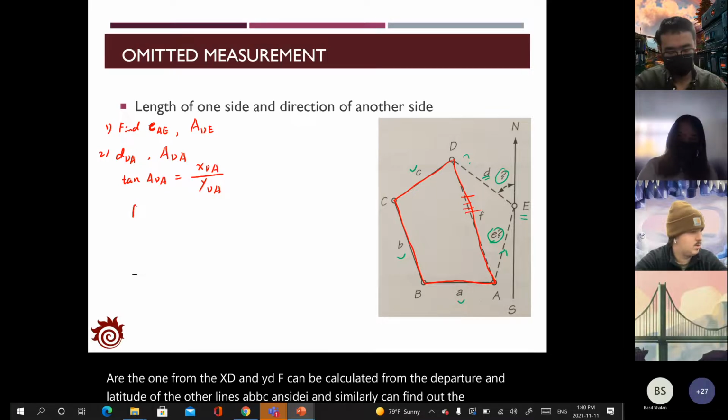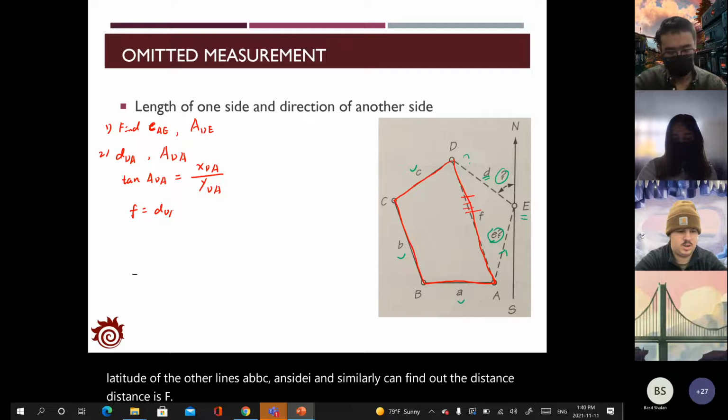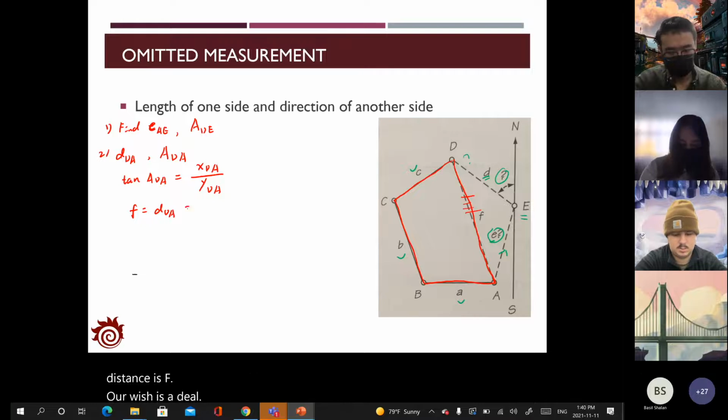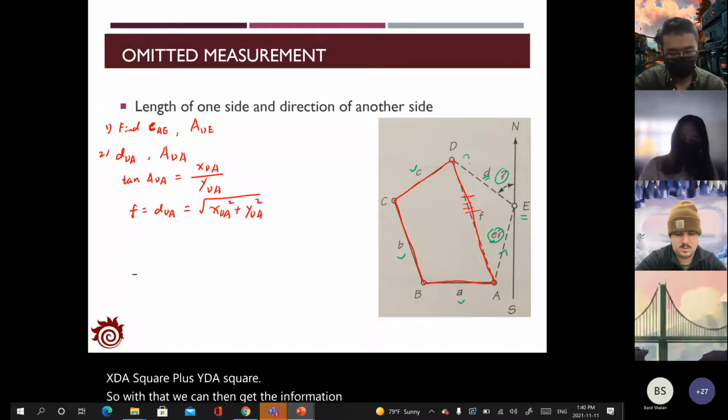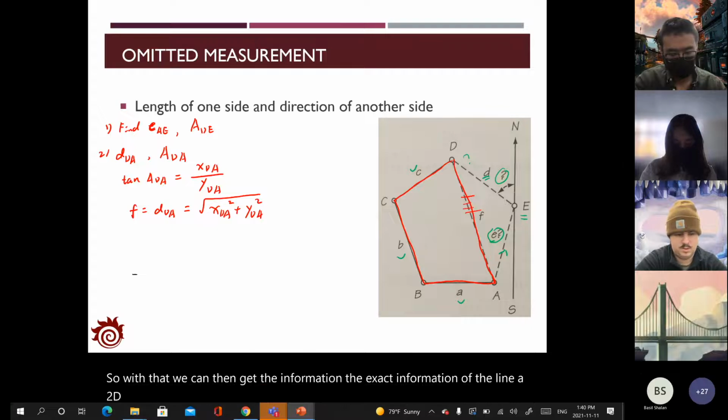The distance of the line D to A is the square root of XDA square plus YDA square. So with that, we can then get the exact information of the line A to D, including its direction and distance.